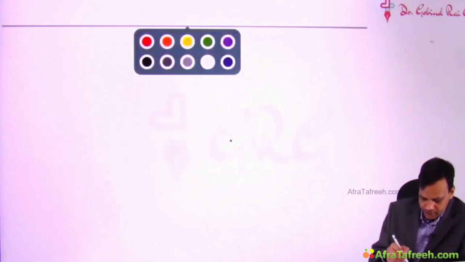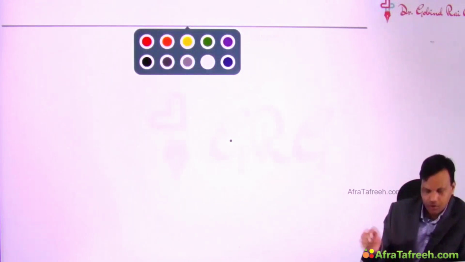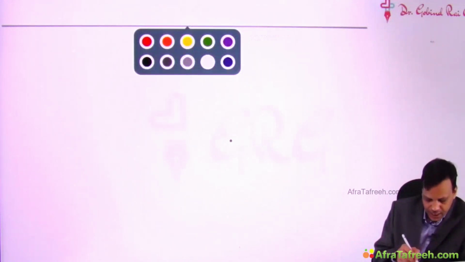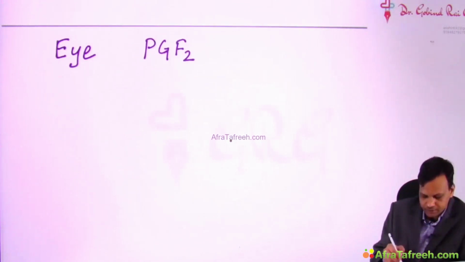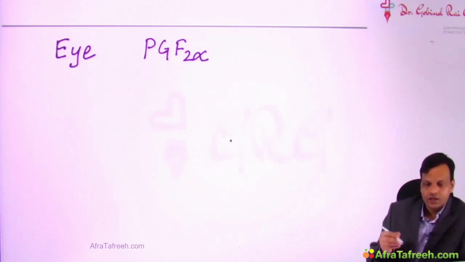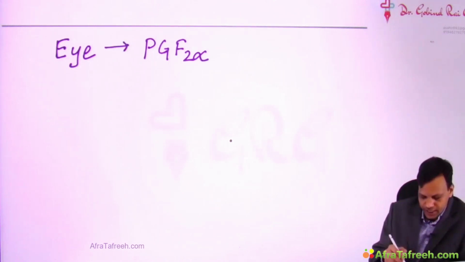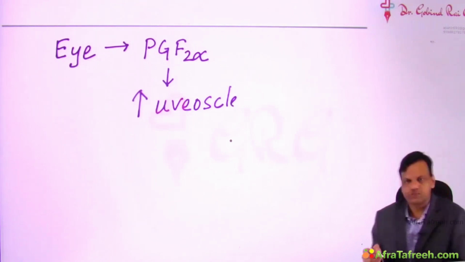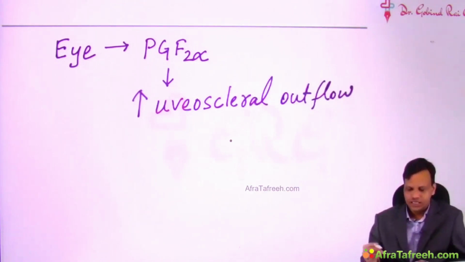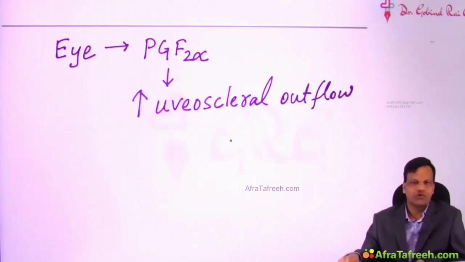Now lastly, prostaglandins are also present in the eye. Particularly we have PGF2 alpha, and the function of prostaglandin F2 alpha in the eye is to increase the uveoscleral outflow. So that means prostaglandin F2 alpha increases the drainage of aqueous humor.